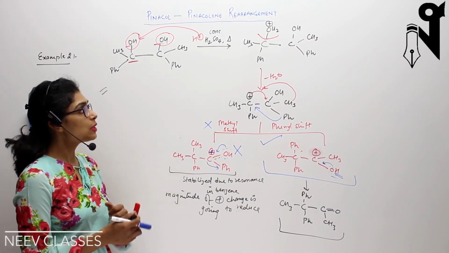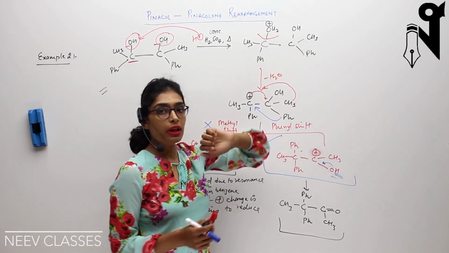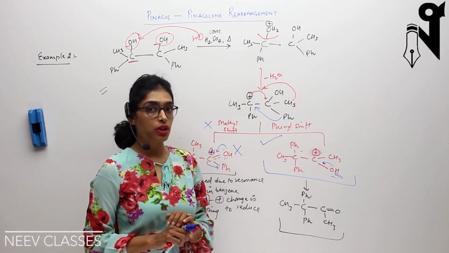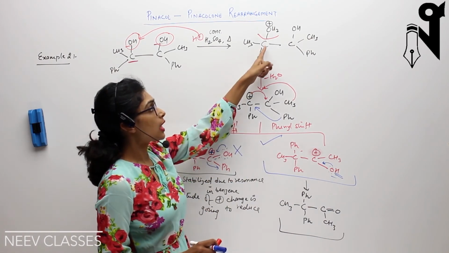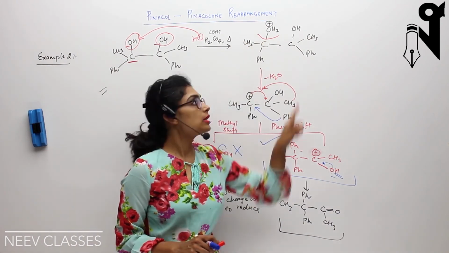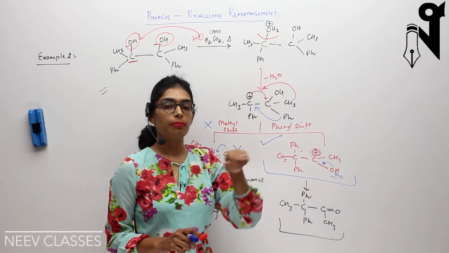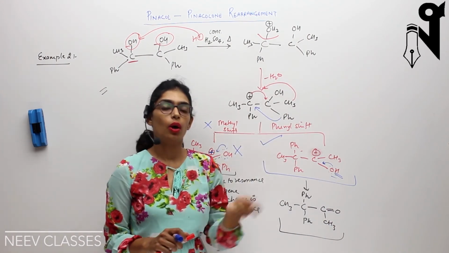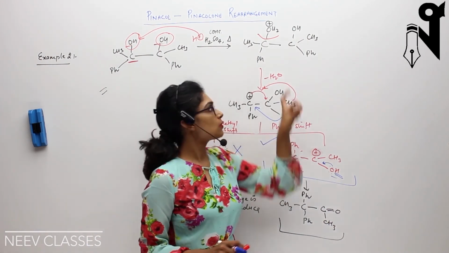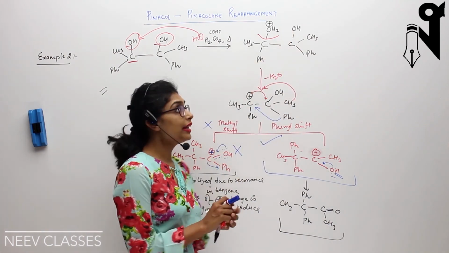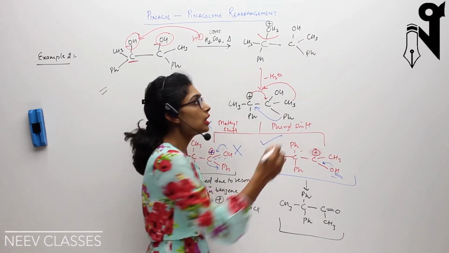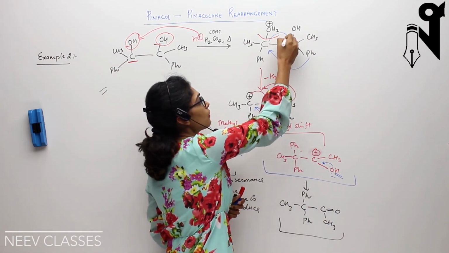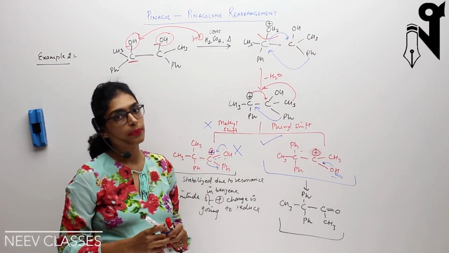So that means any species present on the adjacent carbon which can reduce the magnitude of plus charge has to shift onto the adjacent carbon, and plus charge will shift onto this carbon to get the plus M stability, or to do the mesomeric process with OH and form ketone. So anything which can reduce the magnitude of plus charge will get shifted, and plus charge will shift on the other side, forming a ketone.